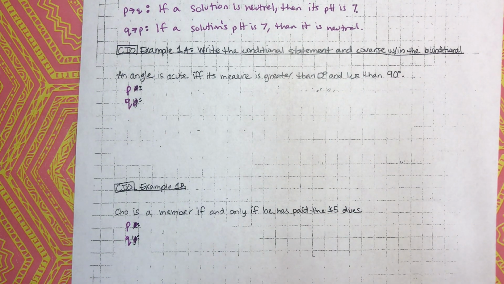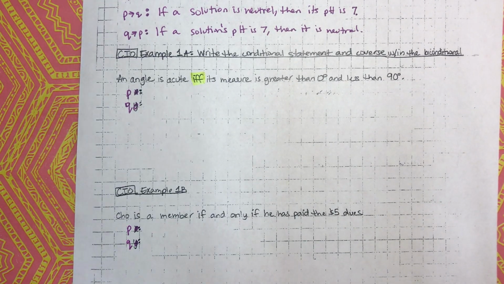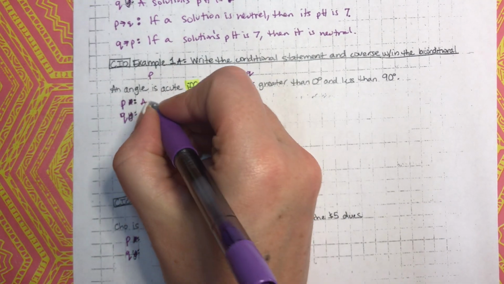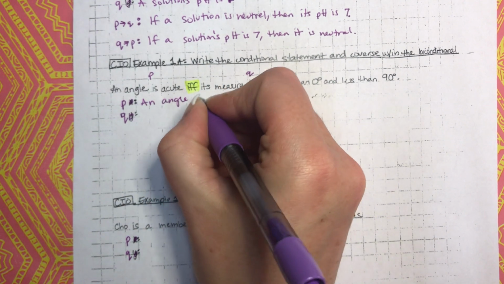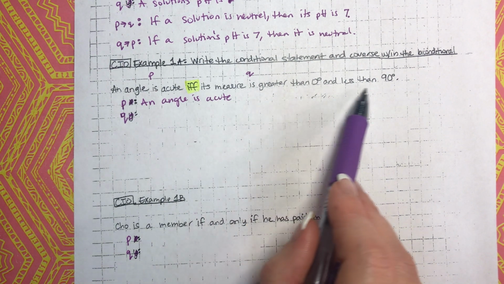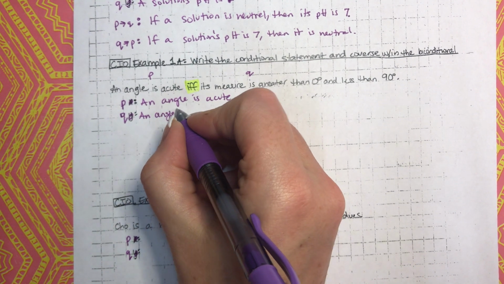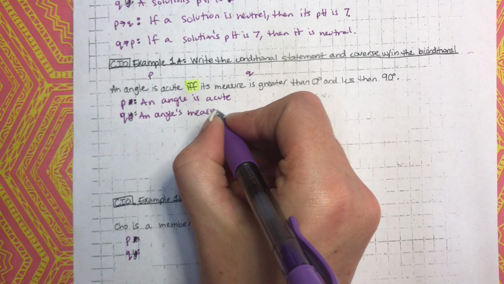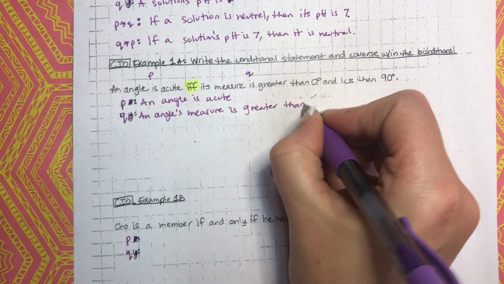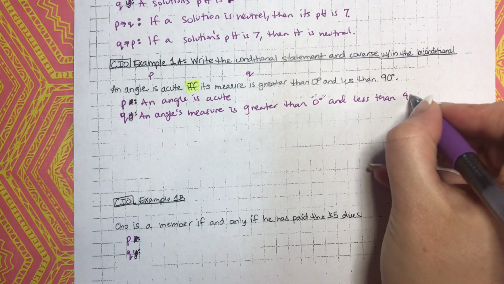So our key words here are if and only if, which lets us know that this is our P and this is our Q. An angle is acute, that's our P. And our Q, an angle's measure is greater than 0 degrees and less than 90 degrees.